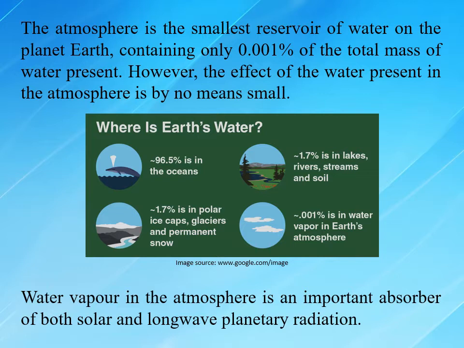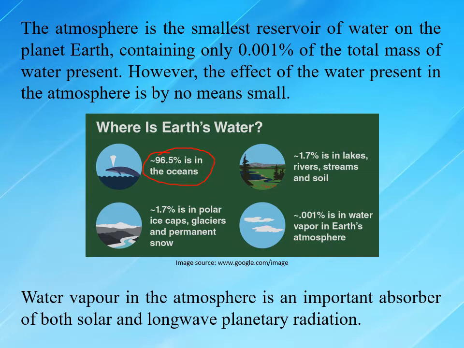If we look at the total water content of Earth, then we will find water in different forms, and the majority of the water is restricted in the oceans, about 97%. In the fresh water, that is within the land areas, in lakes, 1.7% to 2%.